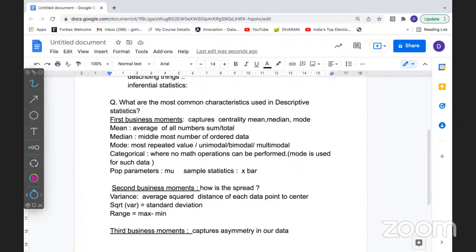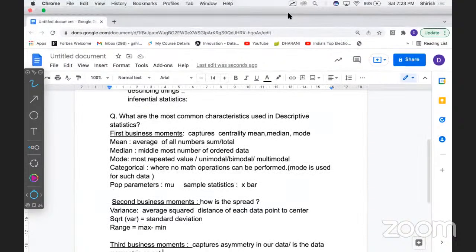Asymmetry means whether the shape of the data is symmetric or not. Is the data a bell curve, or I can say symmetric, or not? Let us draw three different curves here.